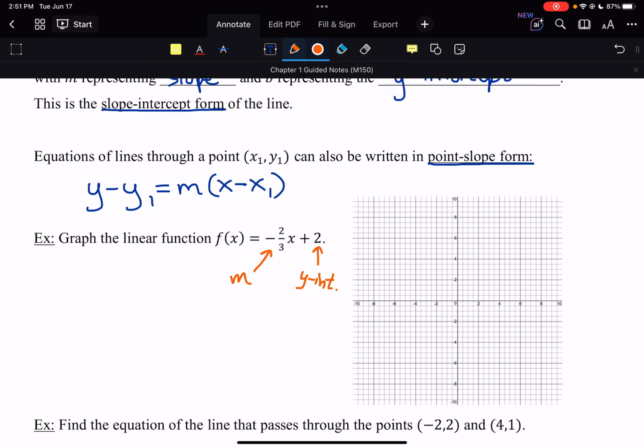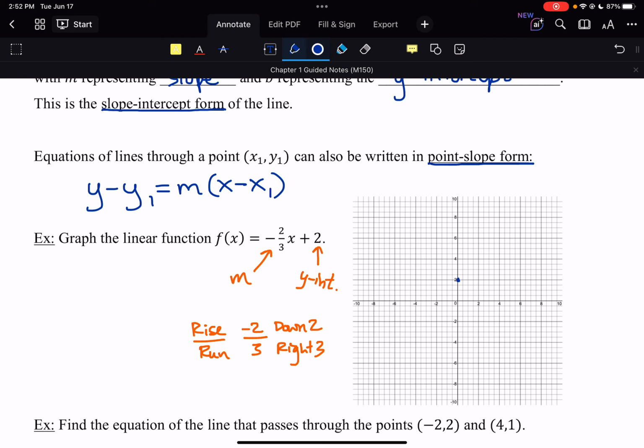So for the slope, this is, again, rise over run. So we're going to go down 2 and right 3 for our slope. So we're going to start at 2.